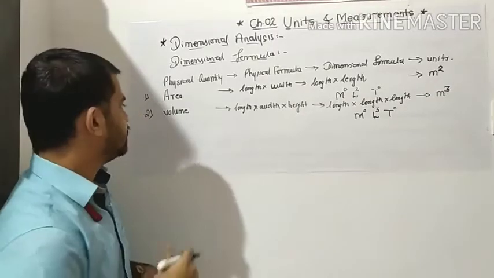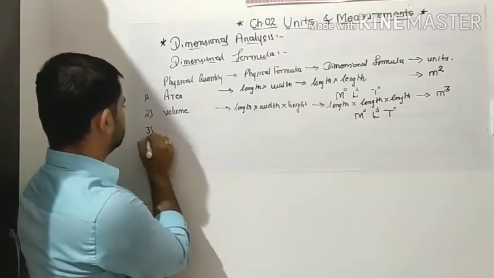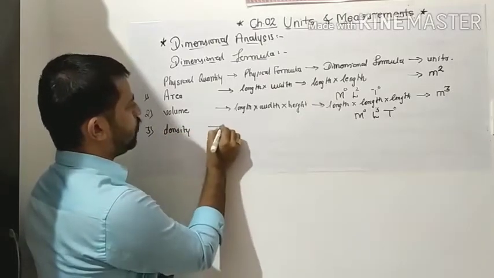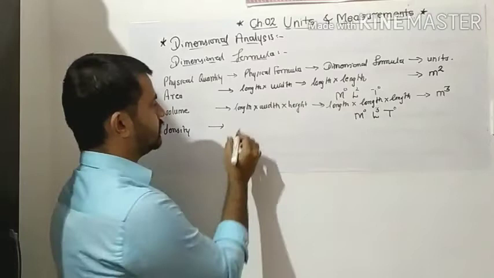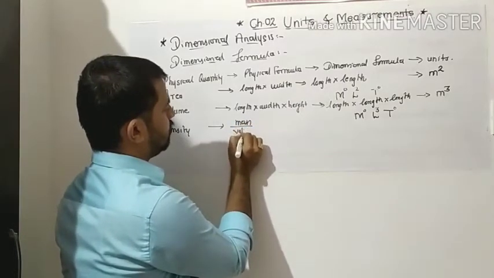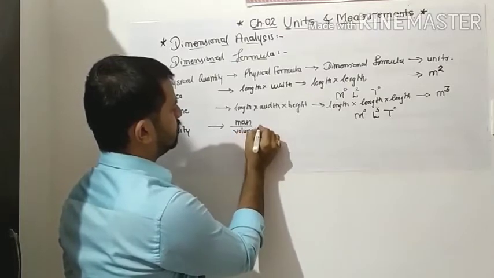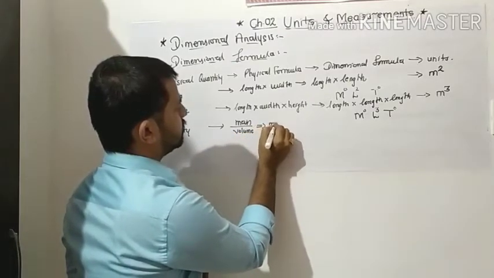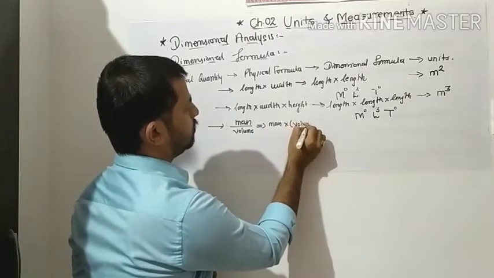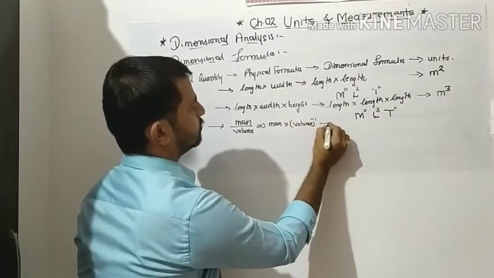Now we'll go for the density. How are we expressing the density? It is nothing but mass upon volume, or we can write it as mass into volume inverse.